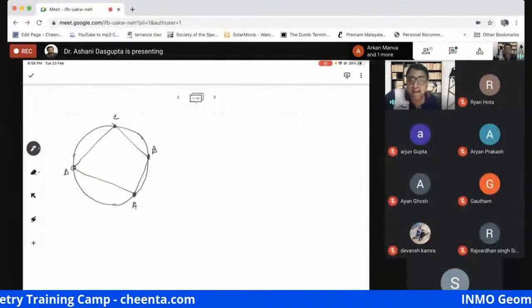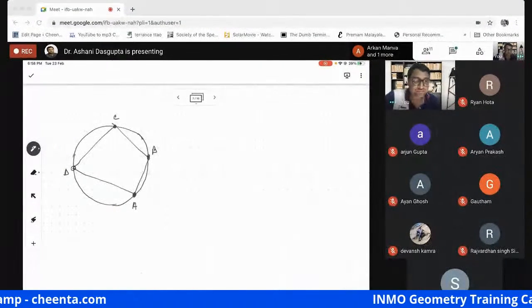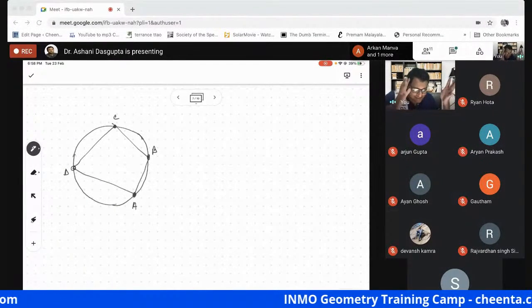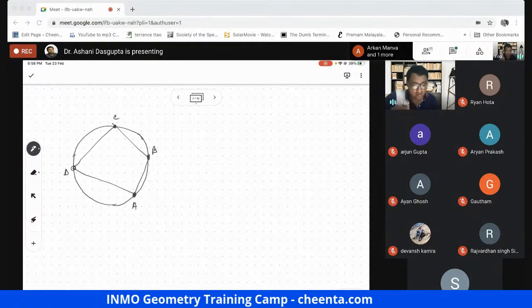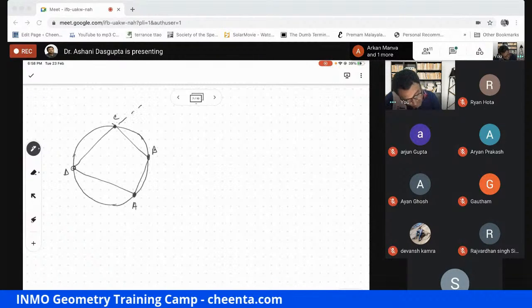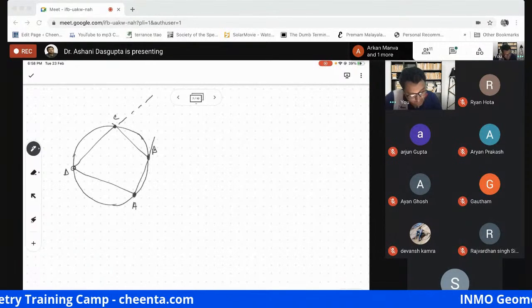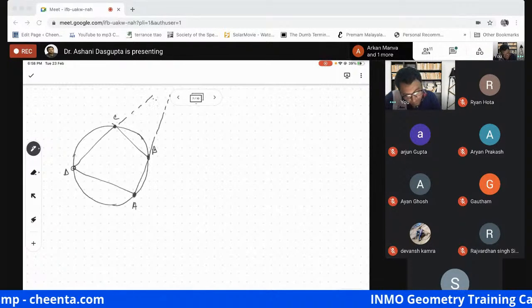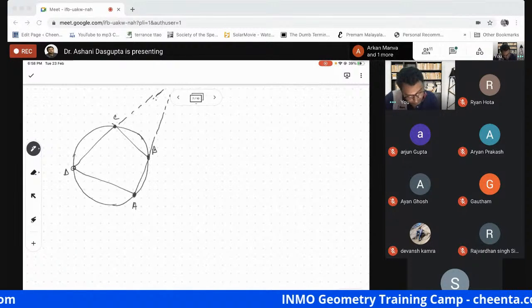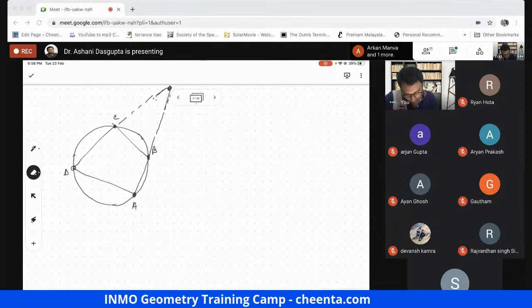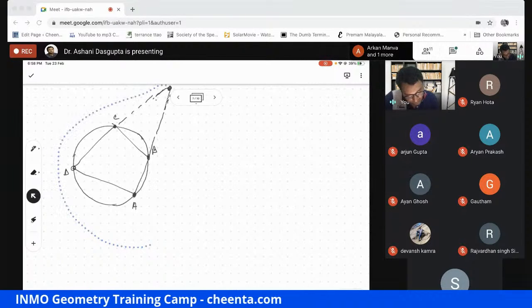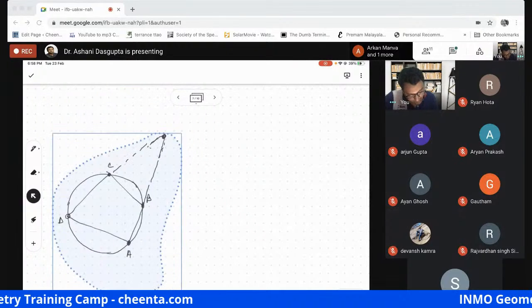What we want to do is extend the lines AB and CD to meet at some point T. Bring it down a little bit.